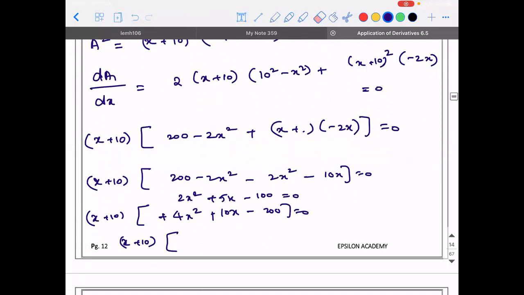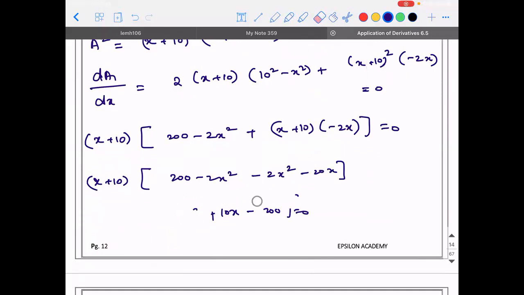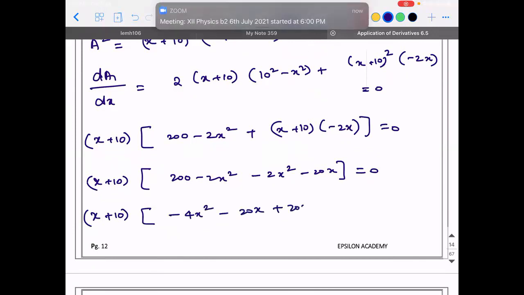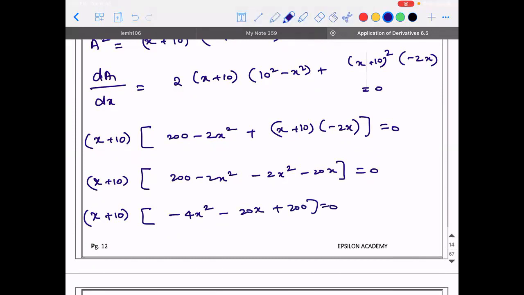Here it should be x plus 10. Then what will happen? Then it will be 200 minus 2x square minus 2x square minus 20x. Right? So minus 4x square minus 20x plus 200 is equal to 0.